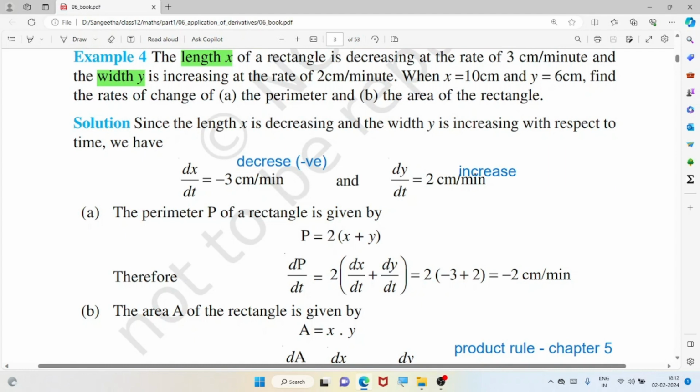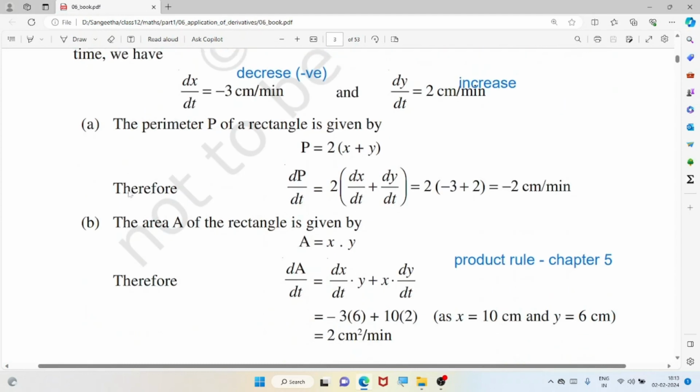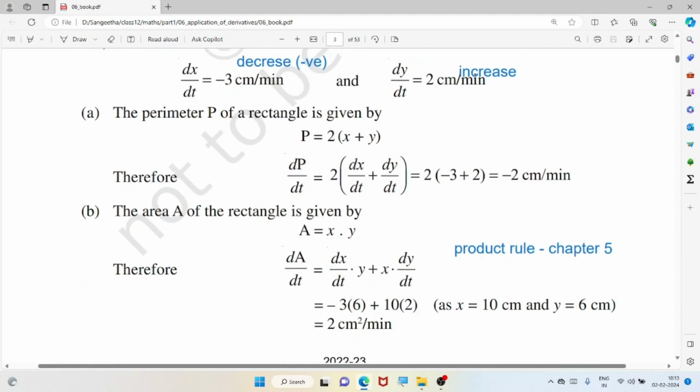Rate of change of perimeter, dp by dt. After substituting the values of dx by dt and dy by dt, you will get this. Then for the area of the rectangle, we are going to use the product rule from our chapter 5, the uv rule, that is u dash v plus u v dash.